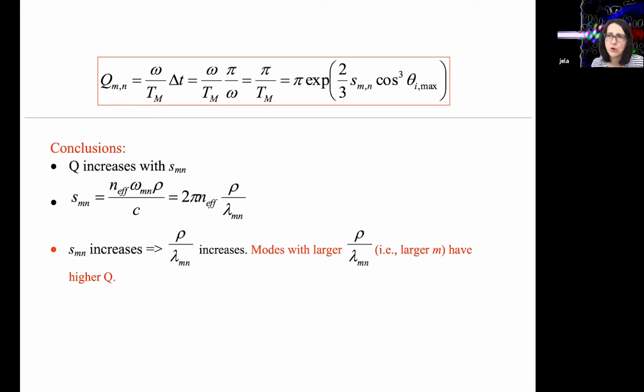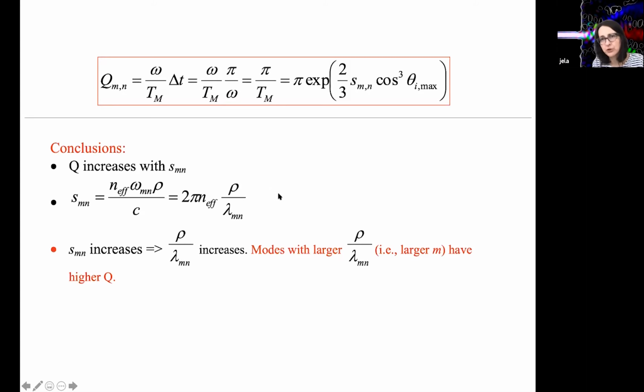Okay, we already discussed that before. We said, if I go to higher order modes, which means also larger S_MN, then the wavelength of the mode becomes smaller relative to the radius of the disk. Or in other words, if I would like my mode to operate at a specific wavelength, 1550 nanometers, but I would like it to operate in a higher order mode, that would mean larger S_MN, or also mean that you have to fabricate a disk that has a larger radius relative to the wavelength.